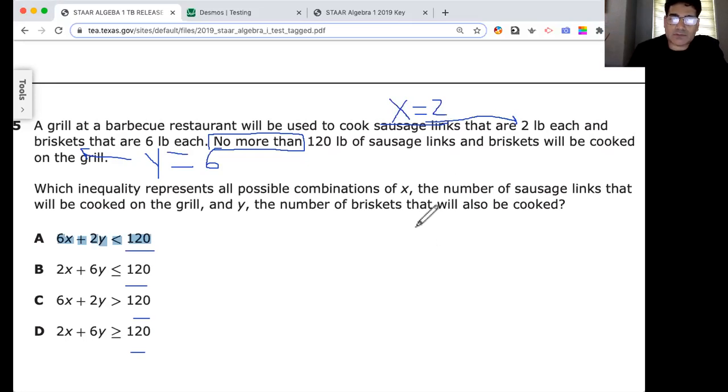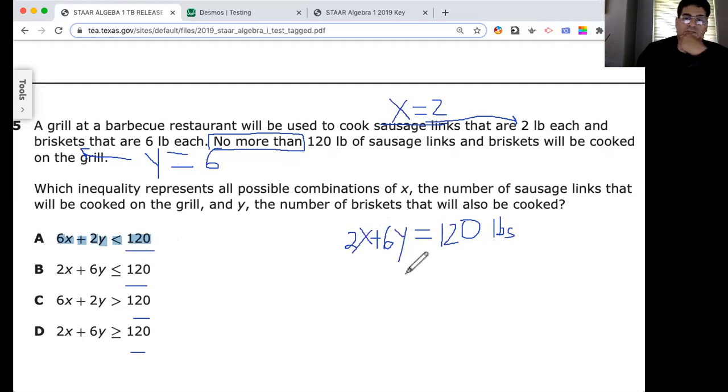No more than means 120 pounds. The sausages are 2 pounds each, so 2 pounds times the number of sausages plus 6 pounds times the number of briskets.